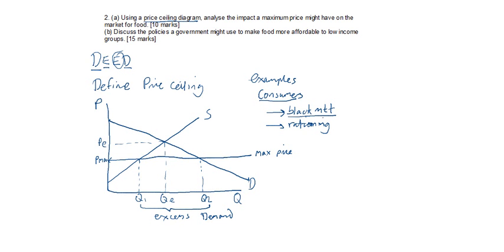They've got an issue because there's going to have to be some form of rationing in place. And some of the consumers that they intended to help by having this price ceiling are not going to benefit from it anymore, because there's just not enough to go around. There's less than there was before. Okay, so hopefully that gives you a better idea of how you could have tackled question A.